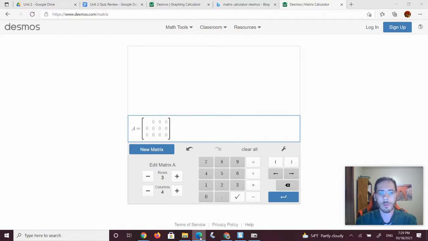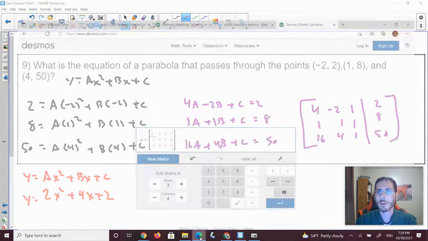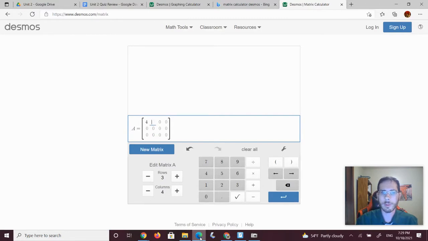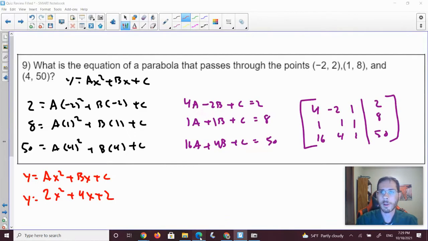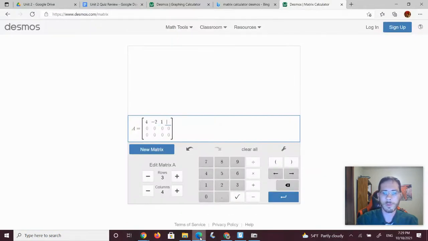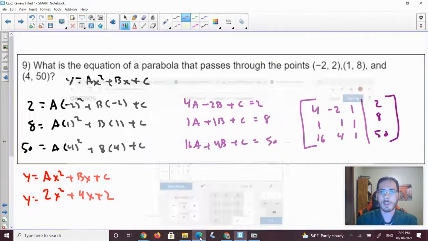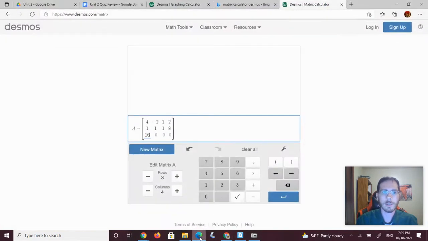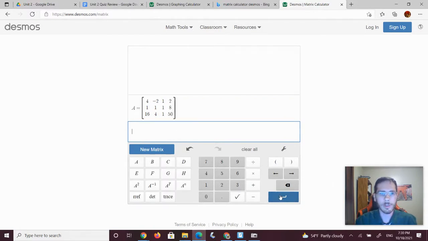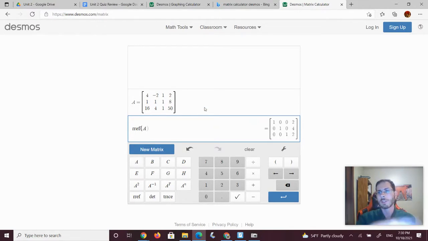Just in case you prefer the matrix, let's see what it looks like. 4, negative 2, 1, 2; 1, 1, 1, 8; and 16, 4, 1, 50. All right, let's do an RREF on matrix A. And you can see we get the same thing. So we get 2, 4, and 2. So we know that the first one, A, is 2.